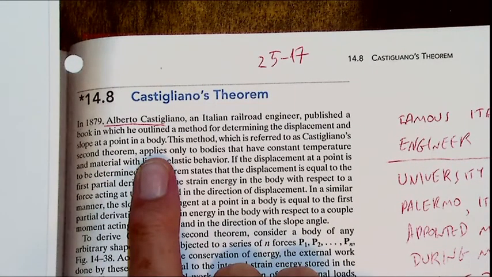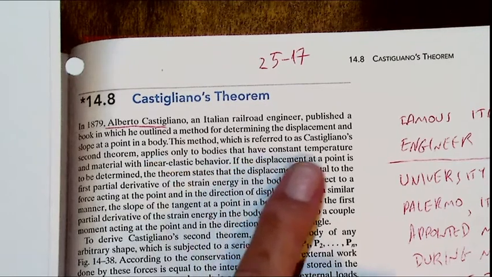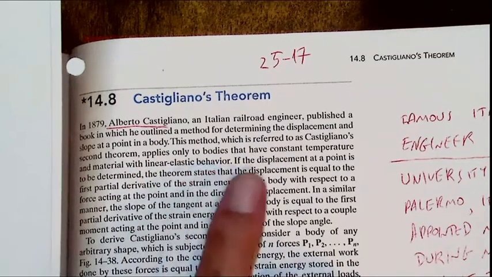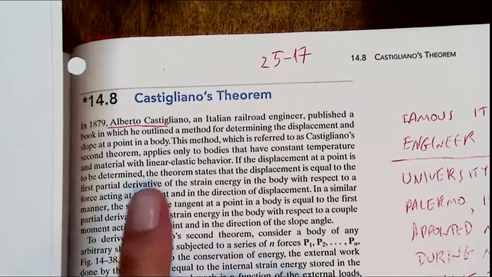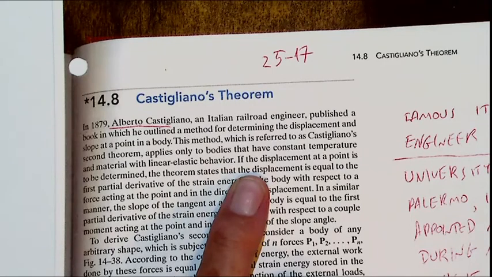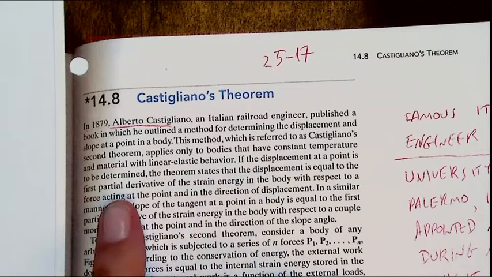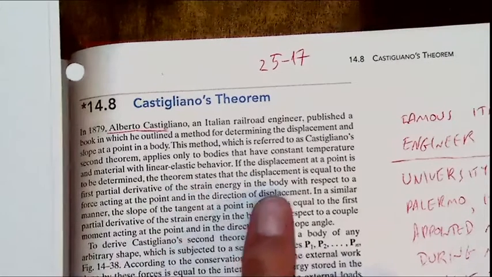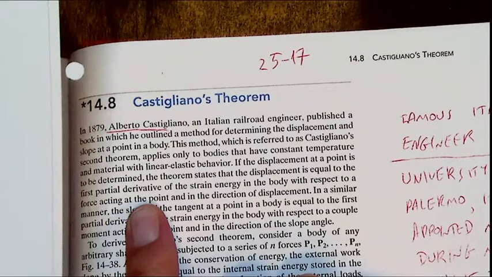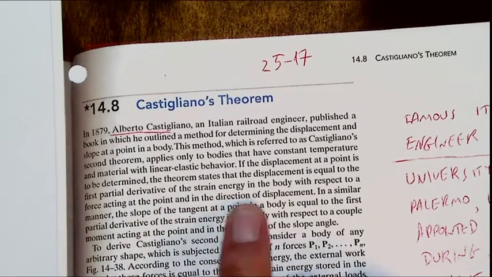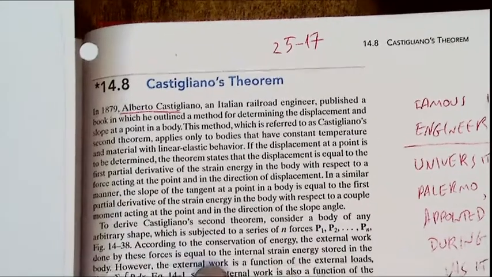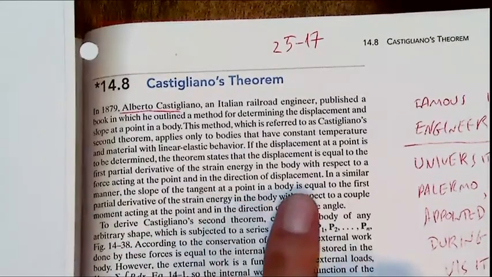This method, which is referred to as Castigliano's second theorem, applies only to bodies that have constant temperature and material with linear elastic behavior.